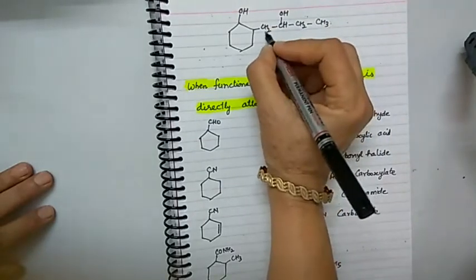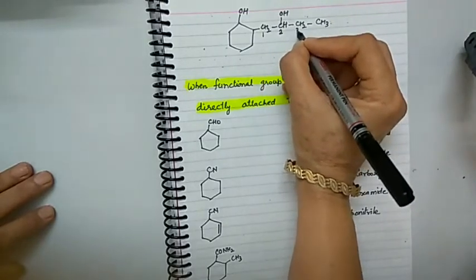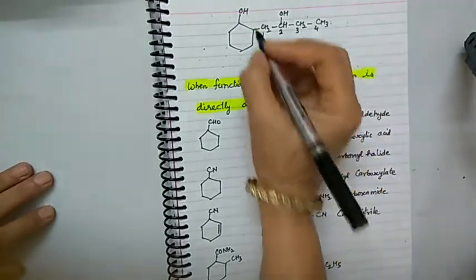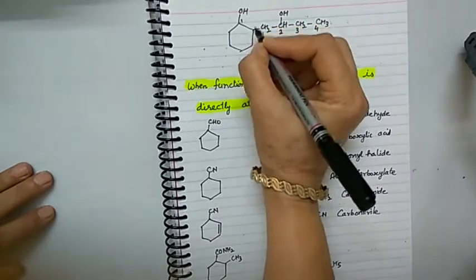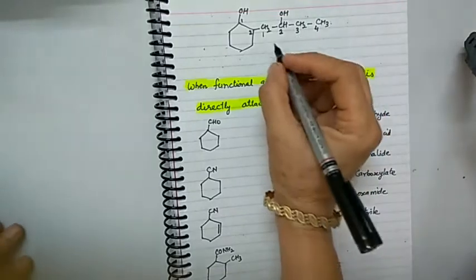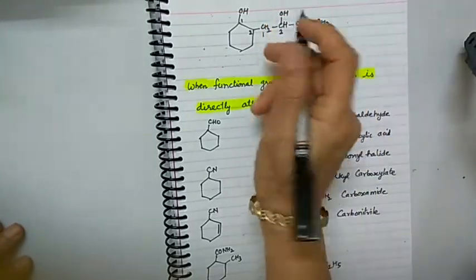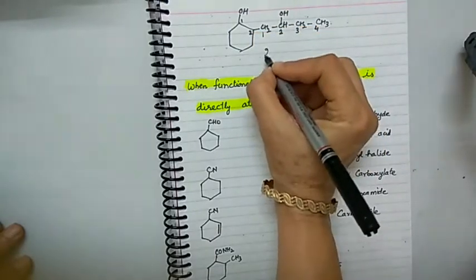Numbering will be done from this side because OH gets the lower number from this side, 1, 2, 3, 4, and here 1, 2, it is present at position 2. So first we have to mention the position of this group. It is present at position 2, so we write 2.